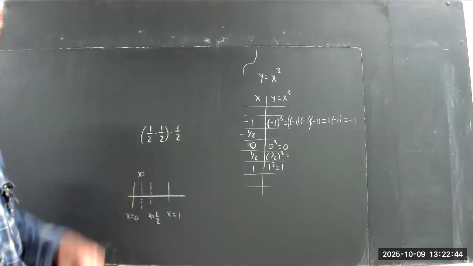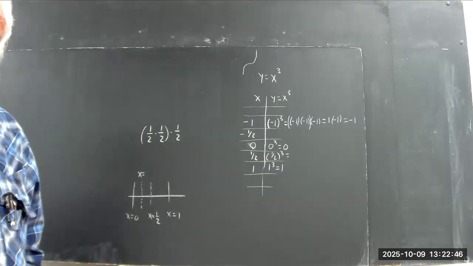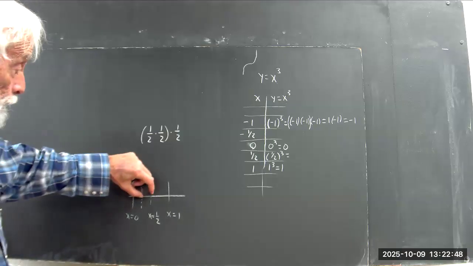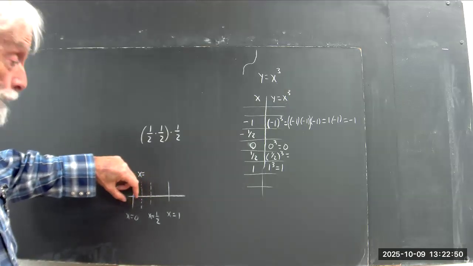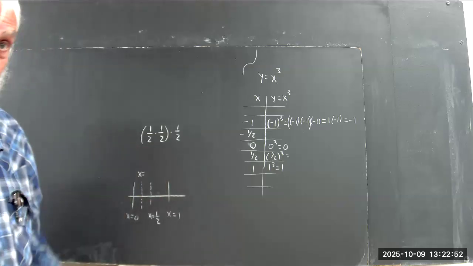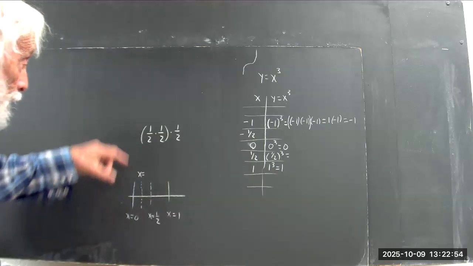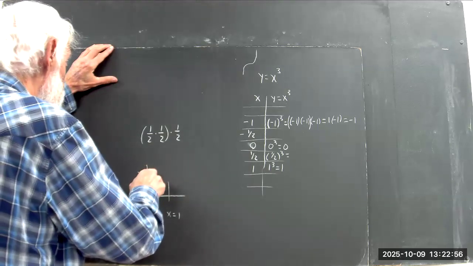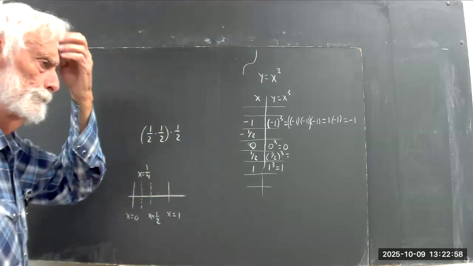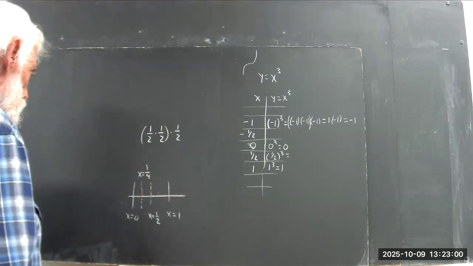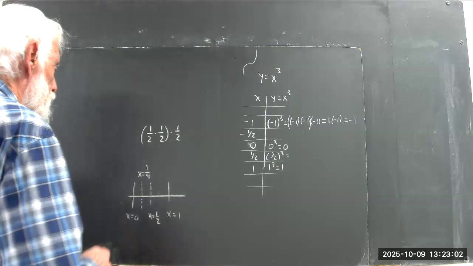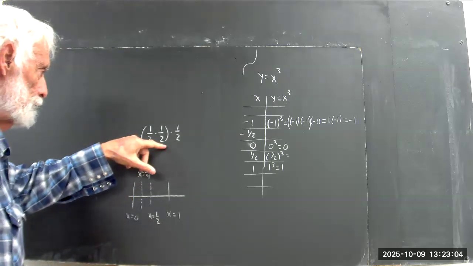How many of these does it take to make 1? Obviously, it takes 2 of these to make a half because it's halfway between, and then 2 more to make this half, right? So that has to be 1/4. So that's 1/2 of 1/2.